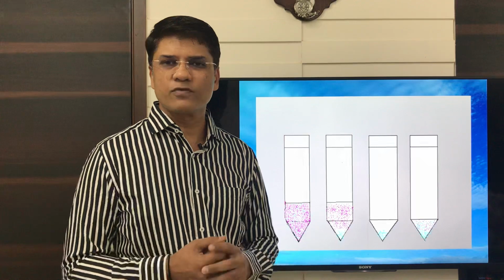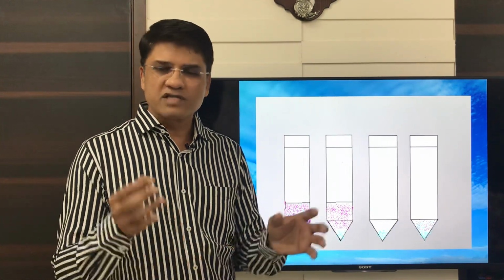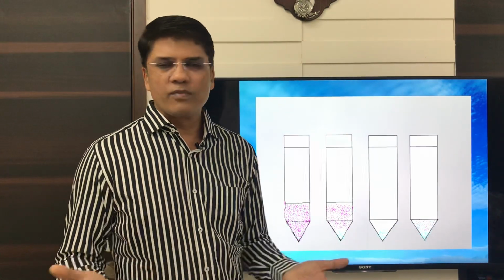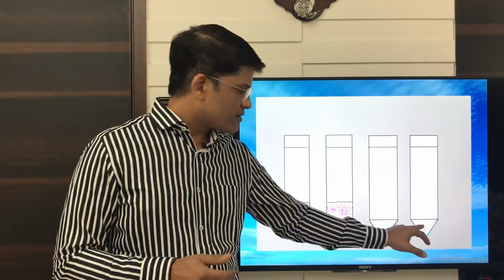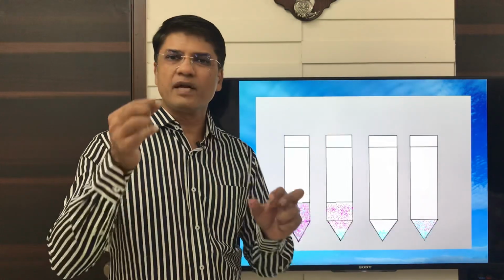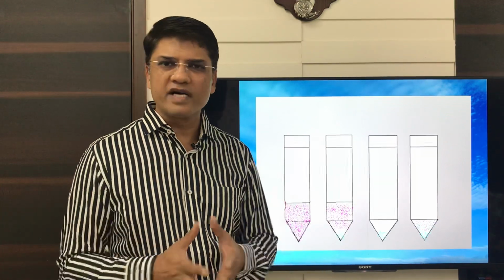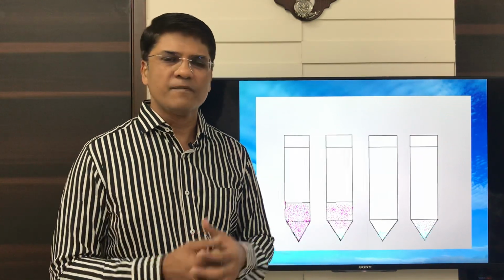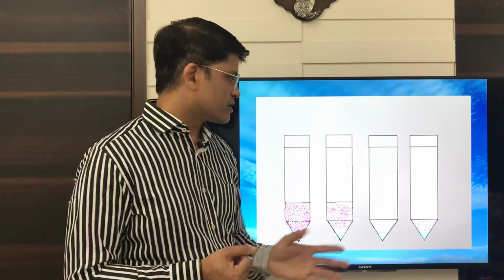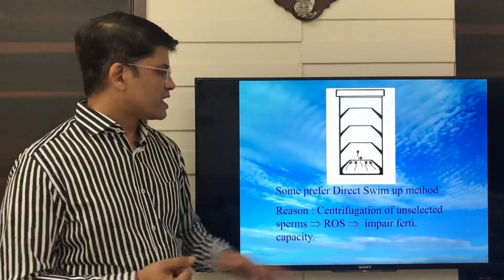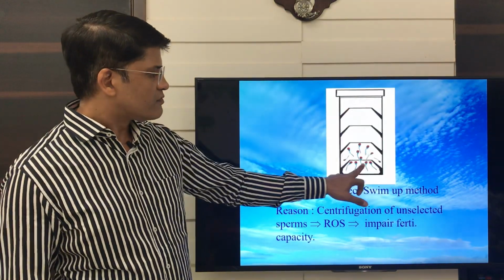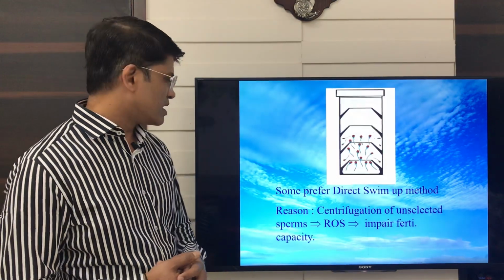Again, here you are not supposed to disturb the pellet, because if the pellet is mixed, the whole process goes in vain. So whatever 0.5 to 0.7 ml you take from the supernatant is going to be rich with very good quality, good motile sperms that we can use for insemination. This is the way the sperms from the pellet travel to the uppermost layer.